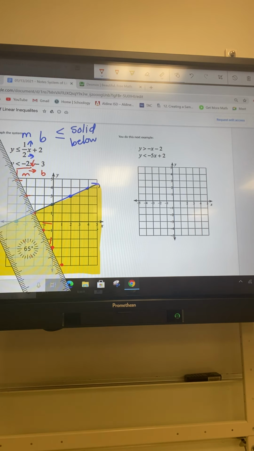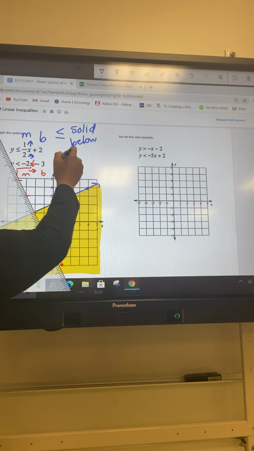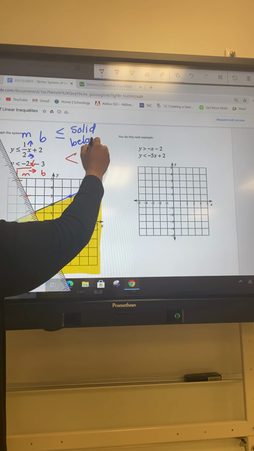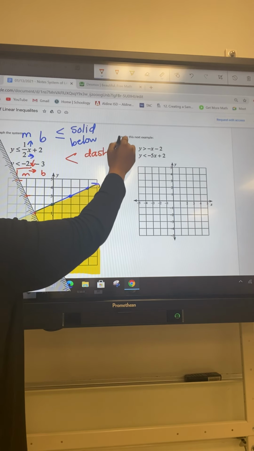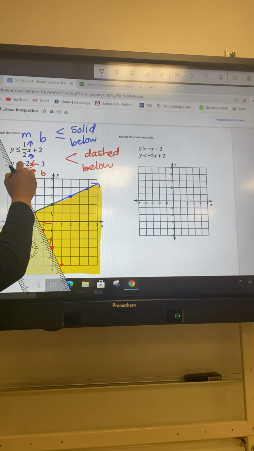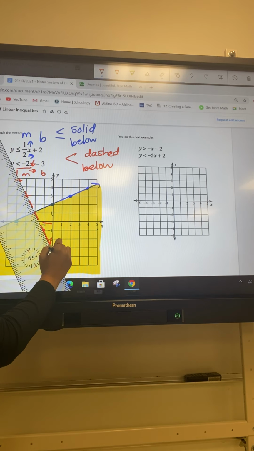All right, so when we look at our symbol, it is less than. So this means that this time we're going to have a dashed line, and we are still going to shade below because it's less than. So I'm going to connect this, but using a dashed line. So I'm not going to connect them.